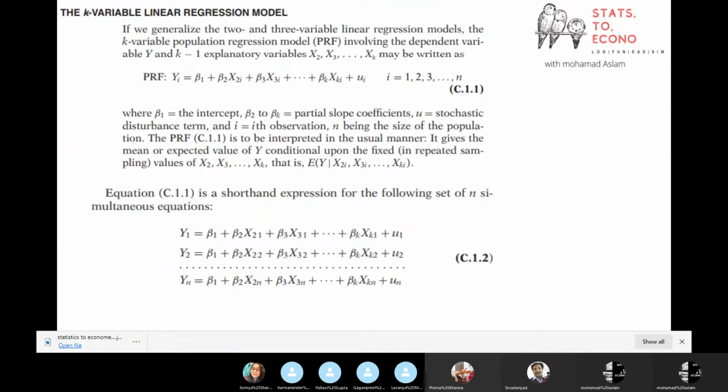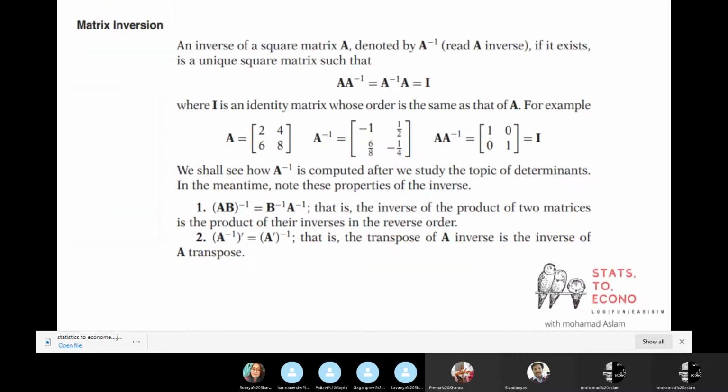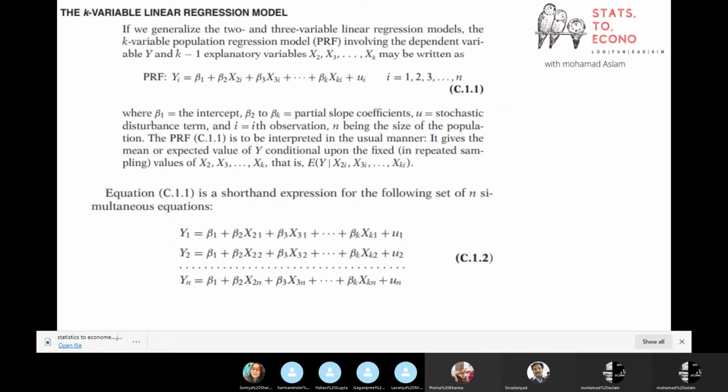So you have to go through those appendices. First, do some practice with these basics, then you can understand these derivations. But for now, I'll tell you where these properties are required, and I'll point out which one is useful here.